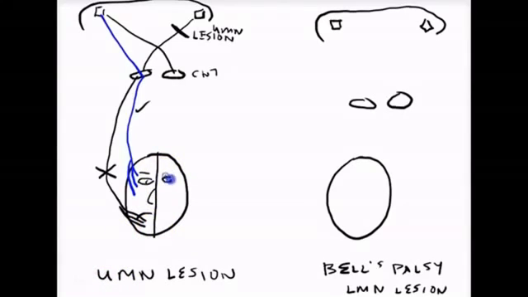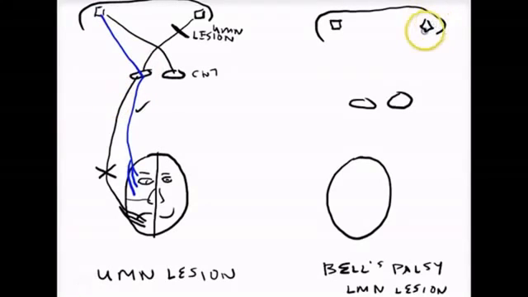Now, if we compare that, we see that everything on that side is fine, and on the injured side, just the lower quadrant is affected. Now that's an upper motor neuron lesion, and that's why we see sparing of the upper portion of the face, because we have ipsilateral innervation to the upper side of the face.